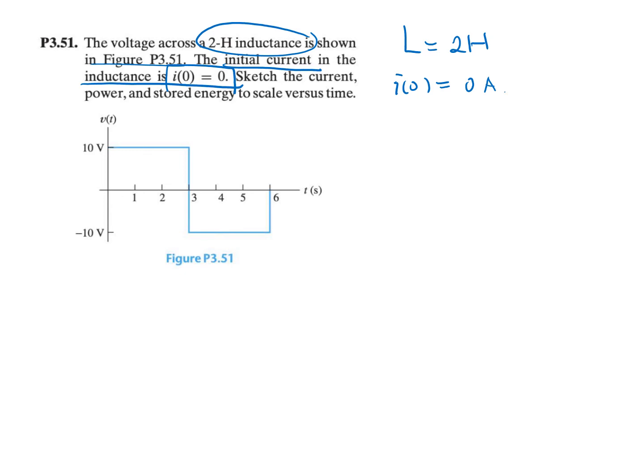And we need to find out the current, power, and energy. To calculate the current for an inductance, we have the formula I is equal to 1 over L, times the integral of the voltage, plus I0.